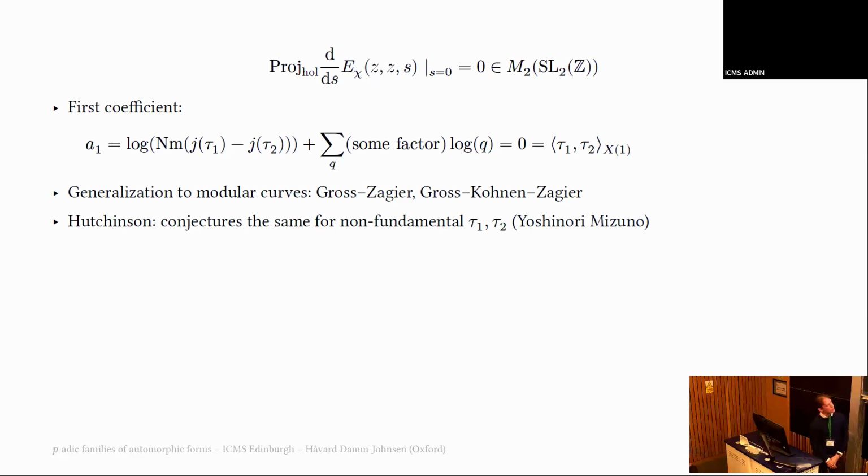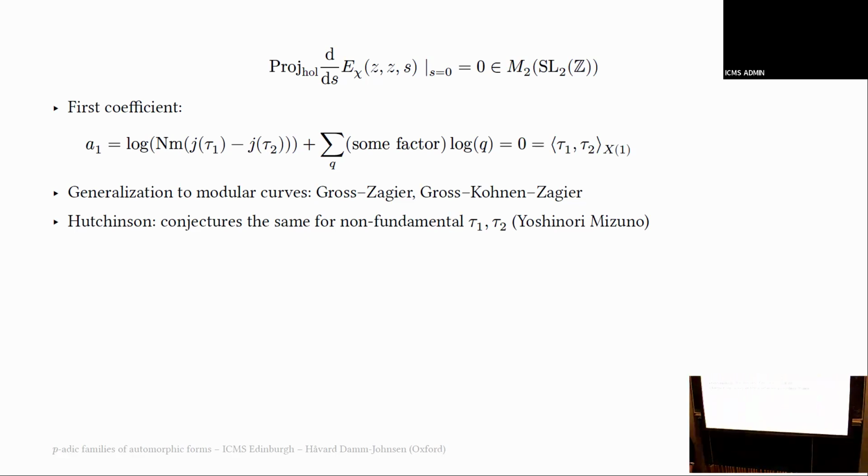And up until now, there's been no progress on these conjectures for non-fundamental CM points, like when you get a non-maximal order in your imaginary quadratic field. But a proof has been announced by Yoshinori Mizuno, who is at Nagoya University in Japan. And hopefully this should appear at some point shortly.